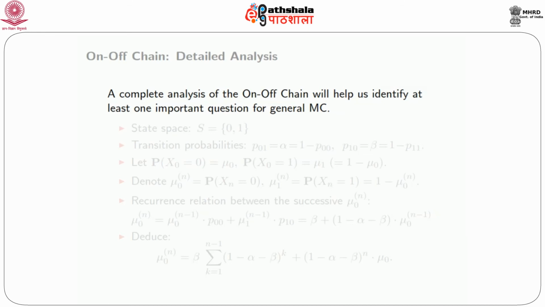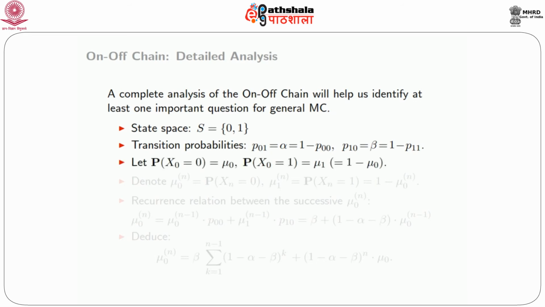So let's quickly recall the on-off chain. The state space is 0 or 1, representing the off and the on states. The transition probabilities are as written there. P01 is alpha, and therefore P00 is 1 minus alpha. Similarly, P10 is beta, which means P11 is 1 minus beta.